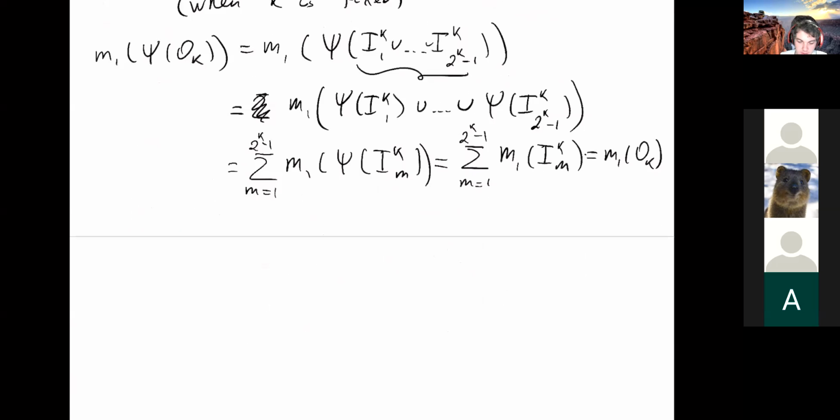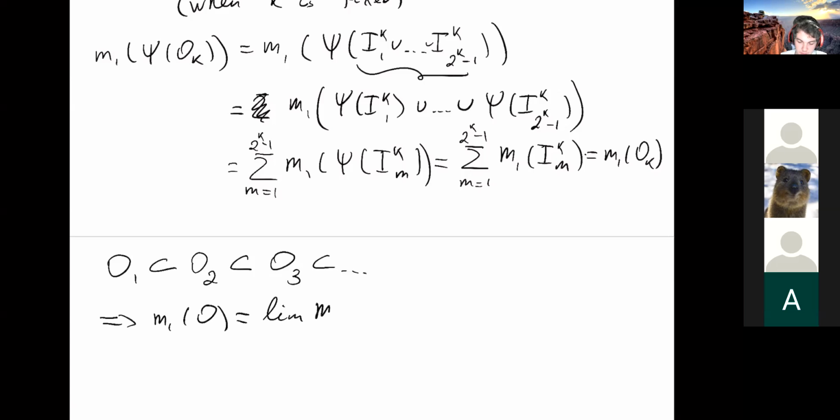And now, because we have this relation, this implies that the measure of O is equal to the limit of measures of O_k, and this is equal to the limit of measures of psi of O_k.